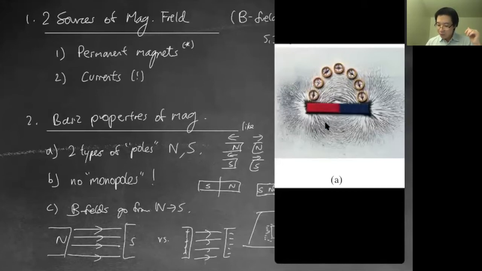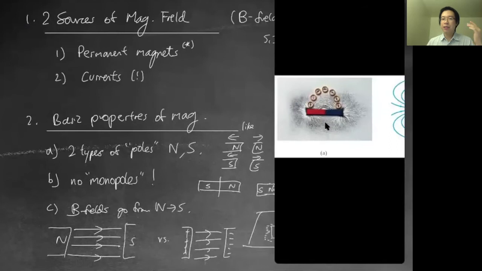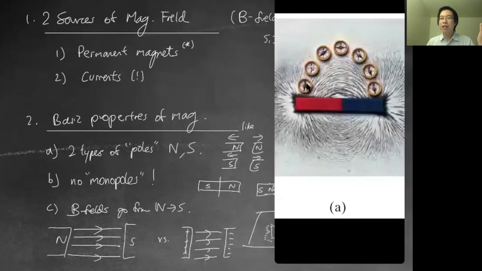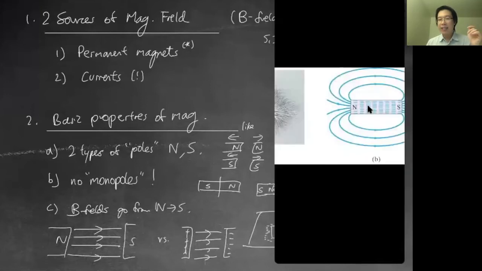You can put little compasses next to them, which is just another piece of metal, but this time on a needle, so it's easy to swing around. There's very little friction, so the metal will react to whatever the source is generating. You'll see the compasses form these arcs, which basically tells you what the magnetic field shape looks like. So we can redraw it in lines like this.